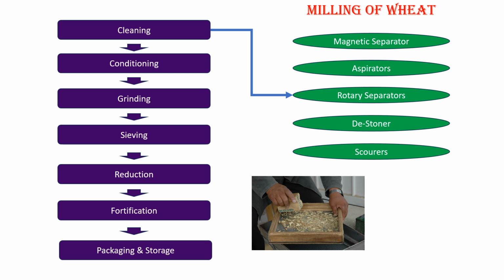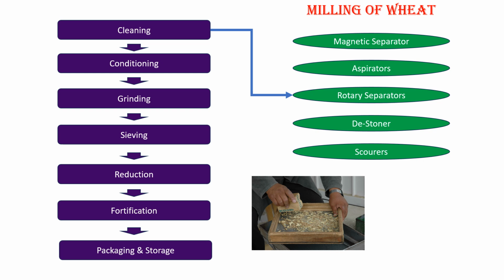The purified endosperm particles are ground further using smooth reduction rollers. This process produces fine wheat flour. The flour is classified based on its ash content, where a higher ash means more bran particles.